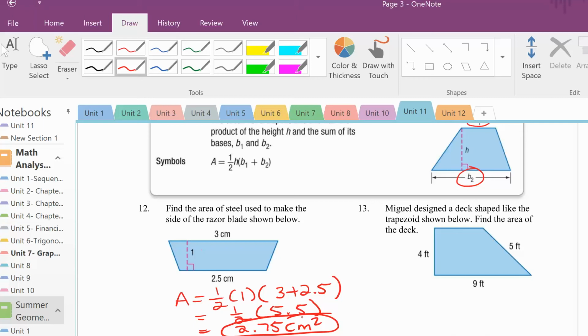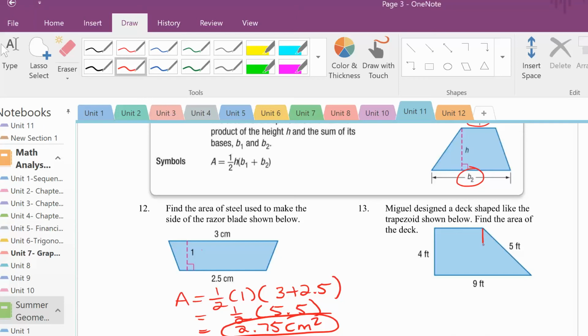So here, Miguel designed a deck shaped like the trapezoid below. Find the area of the deck. Well, first we'd have to find the length of this base up here.